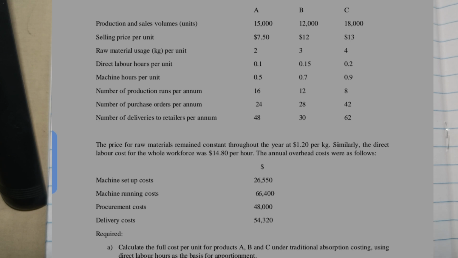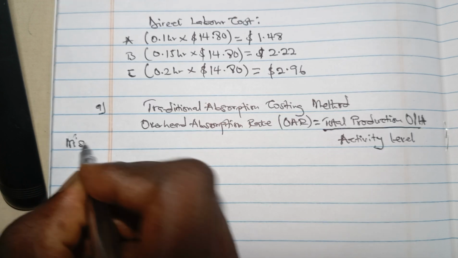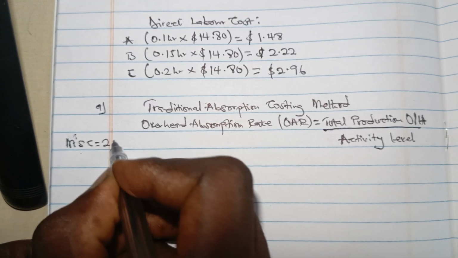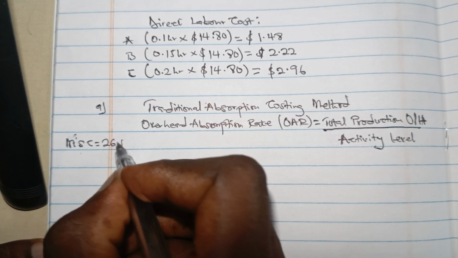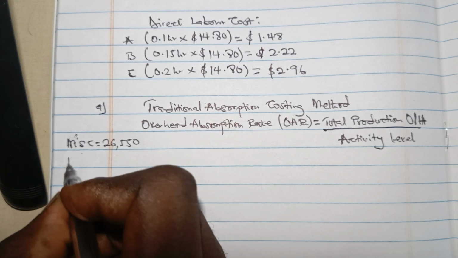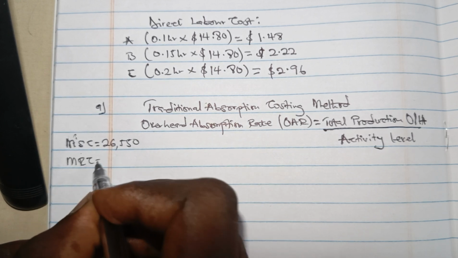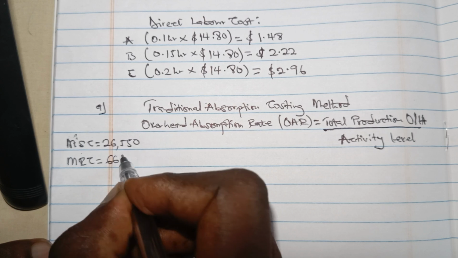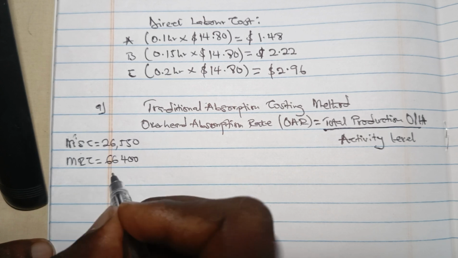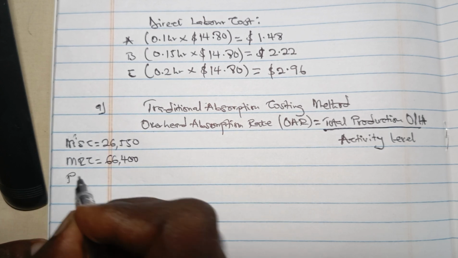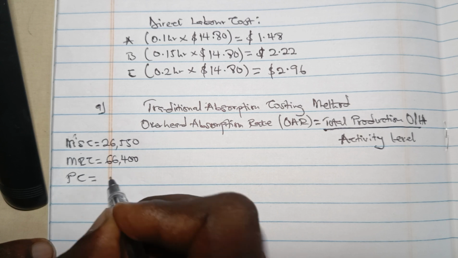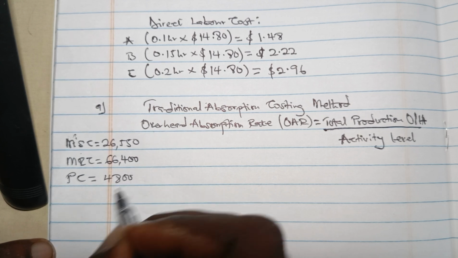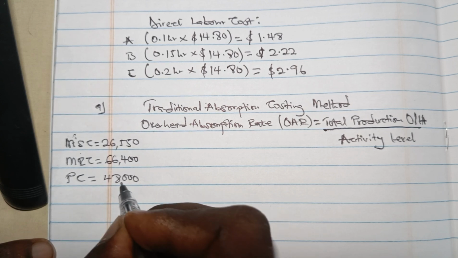For machine setup cost, let's do it here. In abbreviation, machine setup cost will be 26,550, and machine running cost will be 66,400. Then procurement, PC, will be 48,000.